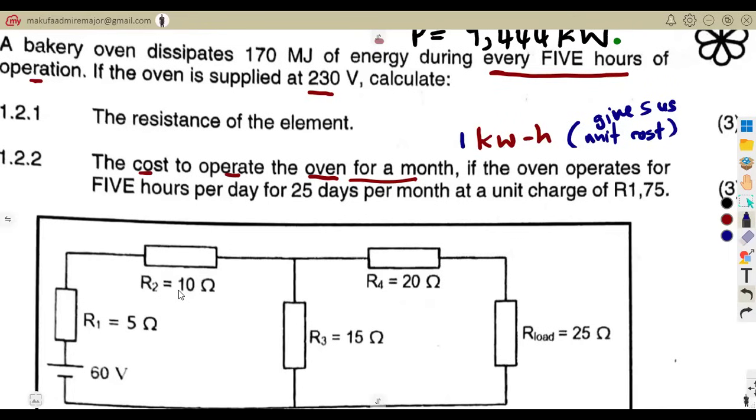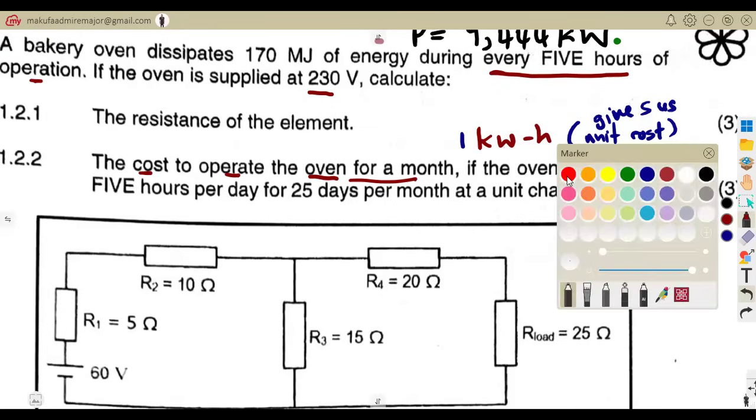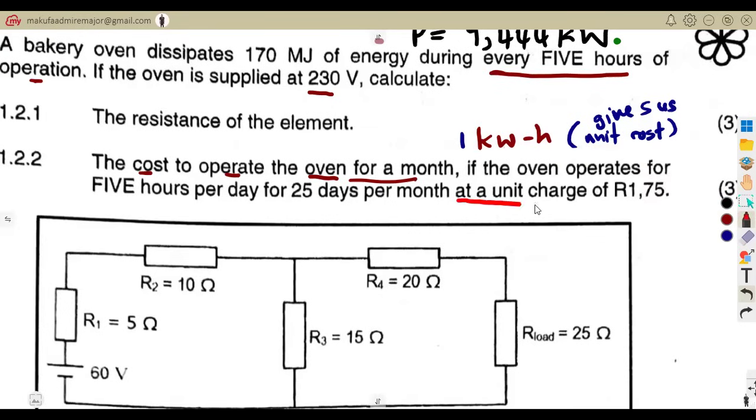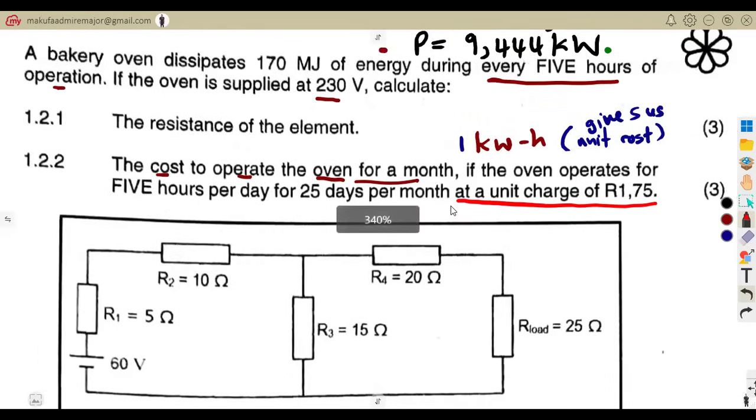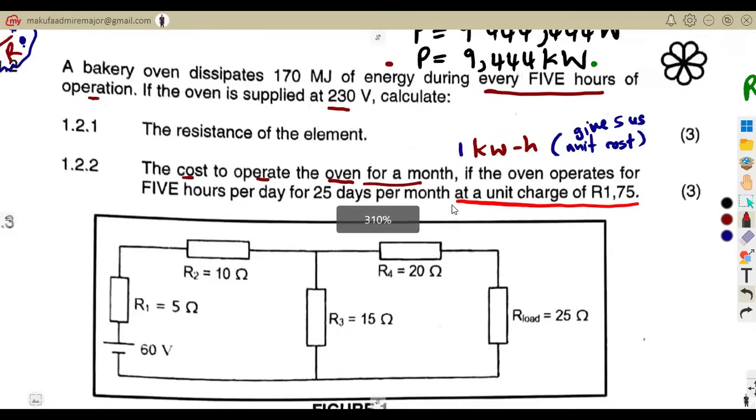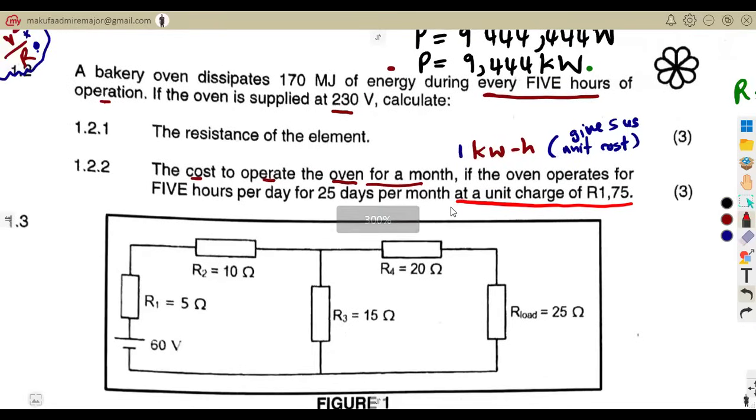So you're given that at a unit charge. I'm going to talk about the time, but let's talk about this one, because they are saying at a unit charge of 1.75 rand. This is the kilowatt hour that we are given.